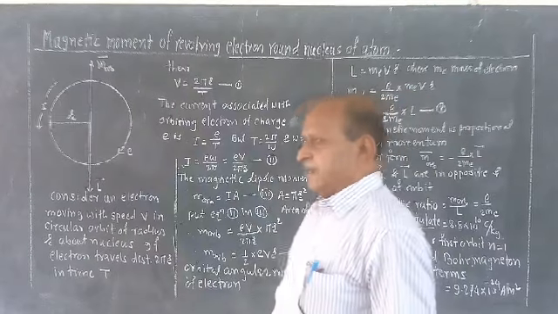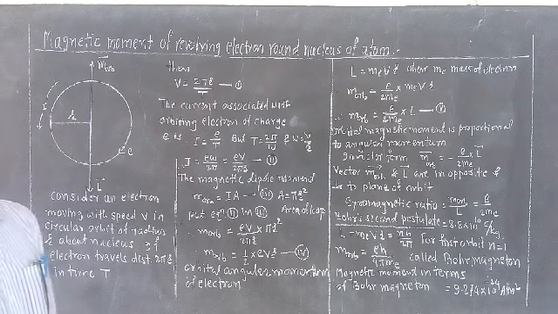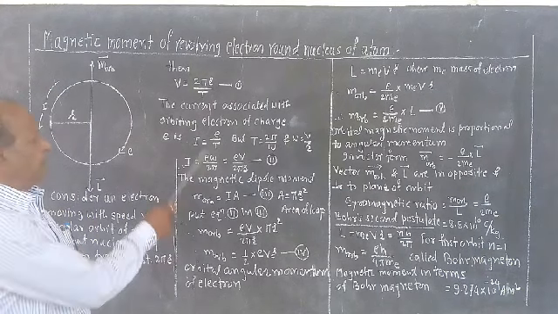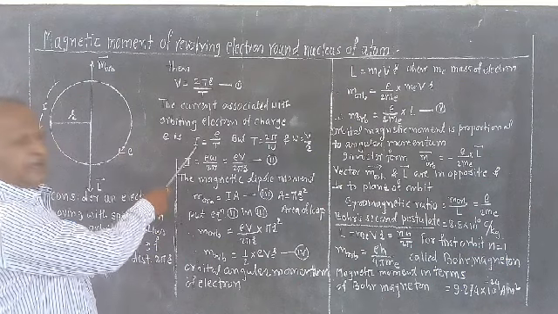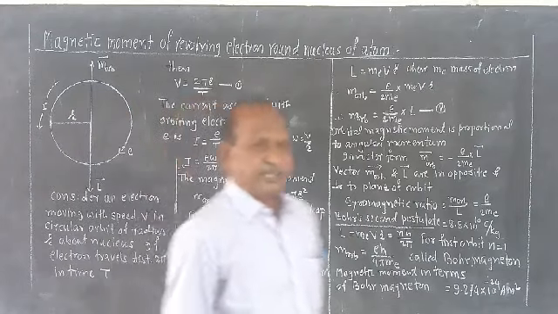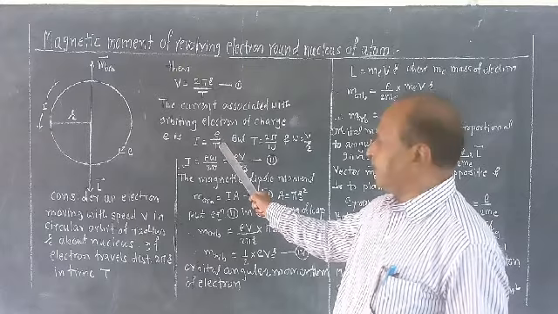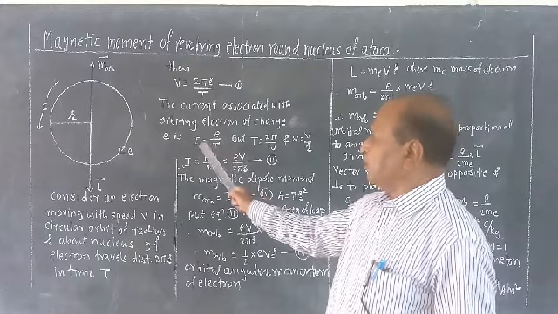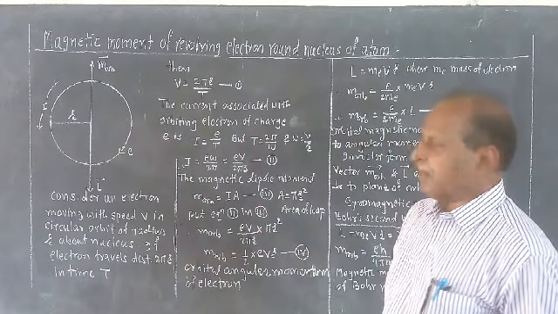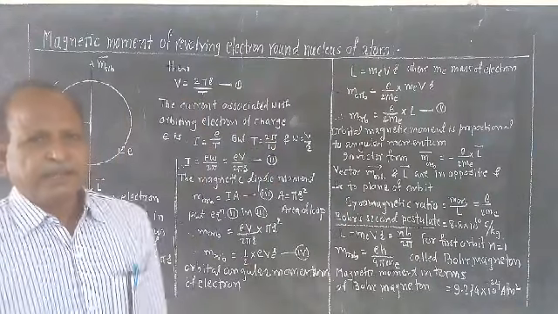Now the current is nothing but the flow of charge per unit time. Therefore current I is equal to electron charge e divided by time for one complete rotation, that is period T. So I is equal to e divided by T. But what is period?